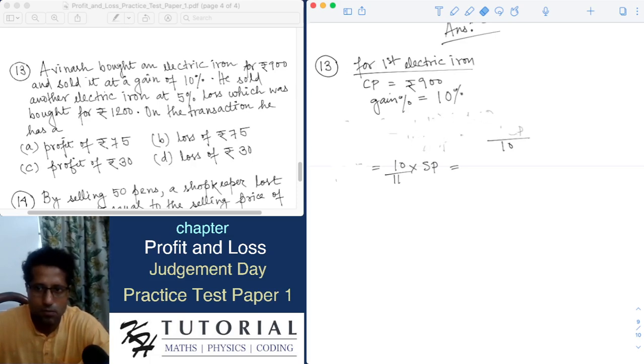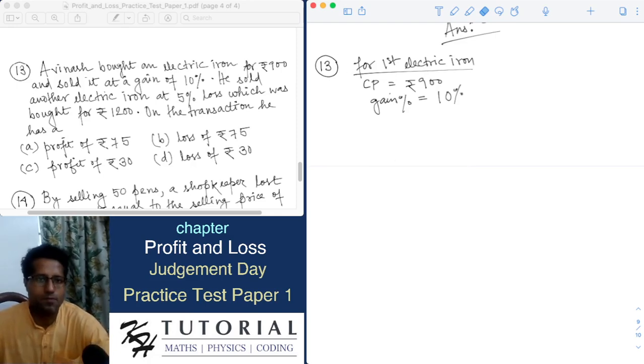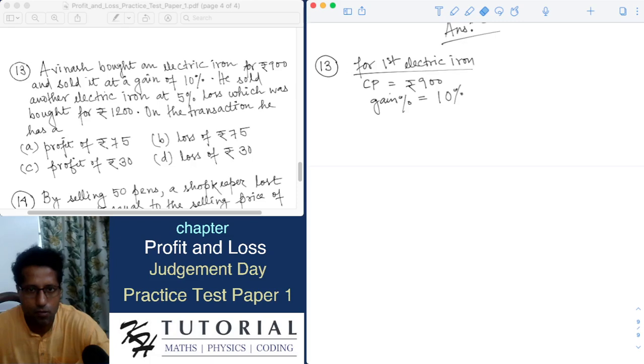Now, cost price, Avinash bought an electric iron for rupees 900 and sold it at a gain of 10%. He sold another electric iron at 5% loss, which was bought for. Okay. So for the first electric iron, CP is 900, gain percent is this.